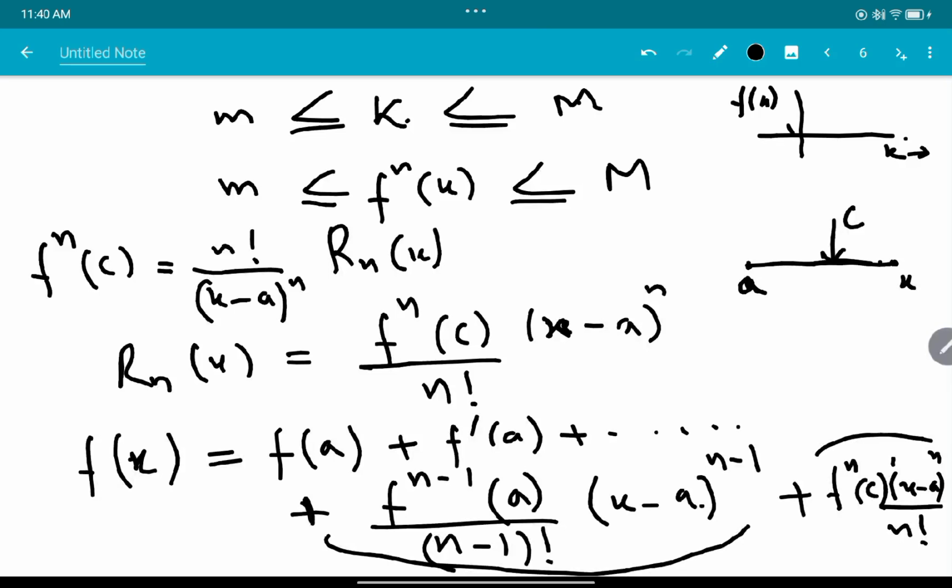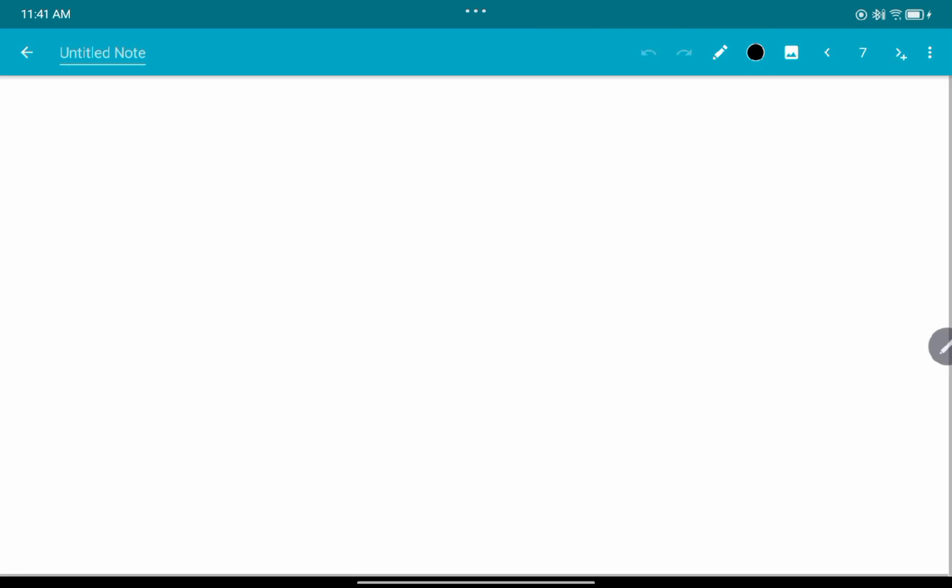Good. Now one more thing, you should be clear about this: you need not finish it here. You can write one more term like this. There is not 100% agreement regarding this.